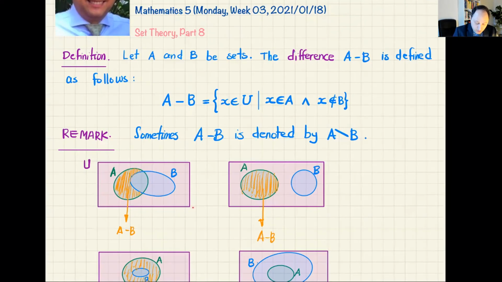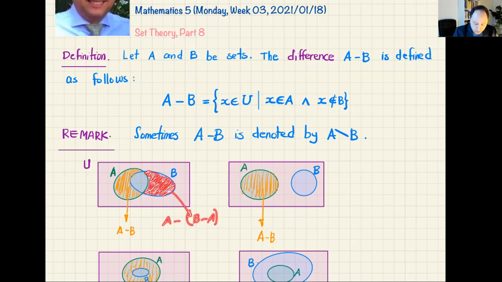Okay, using this one, first of all, where is B minus A? B minus A is this part, everything in B which is not in A. So this part that you see right here is B minus A. But what I am supposed to do is write A minus this.